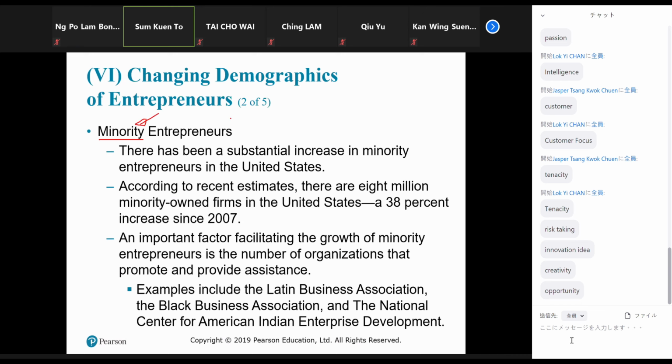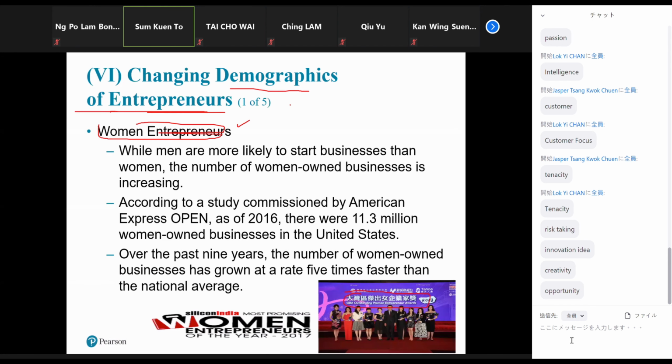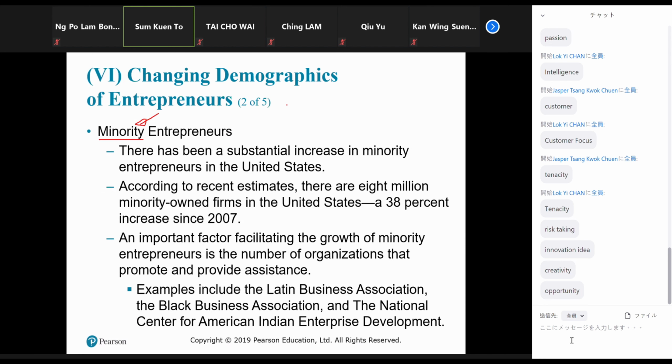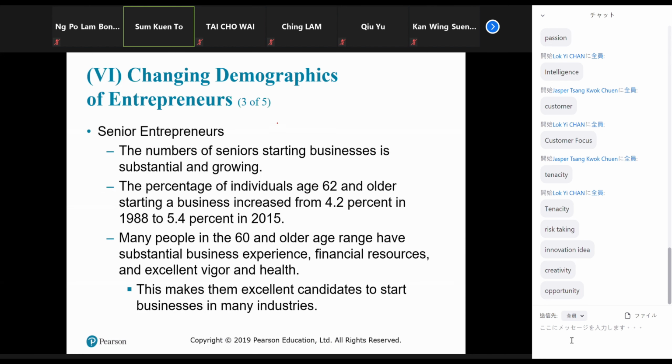This is called 少數族裔, and then you can also start, people from Indonesia, from India, and other South Asian countries. So we have women, we have minority, and of course, we also have seniors.